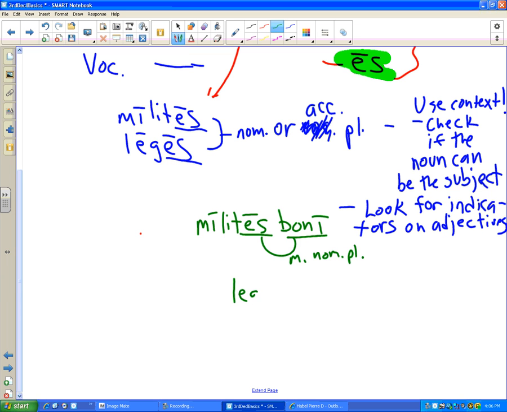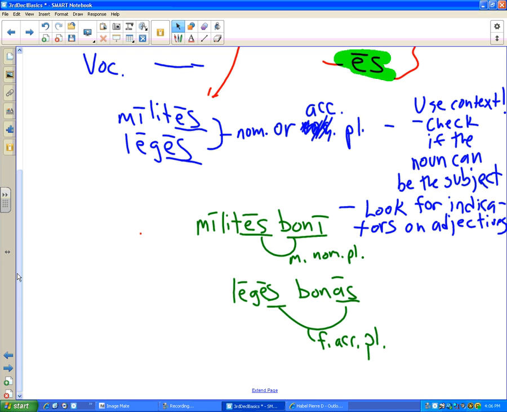On the other hand, if you have a phrase like leges bonas, bearing in mind that law is a feminine noun, leges could be accusative plural. If you see the adjective bonas, which is definitely feminine and accusative plural, that's a good indicator that your third declension noun is probably accusative case.